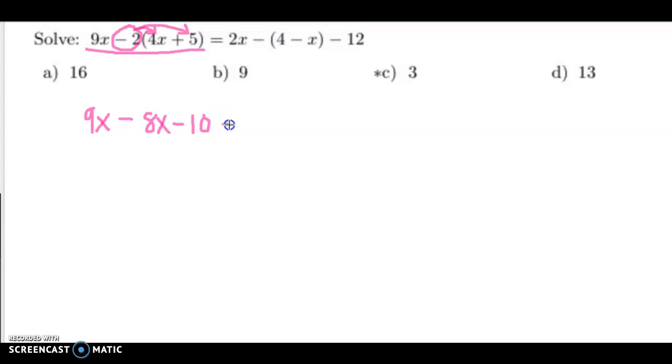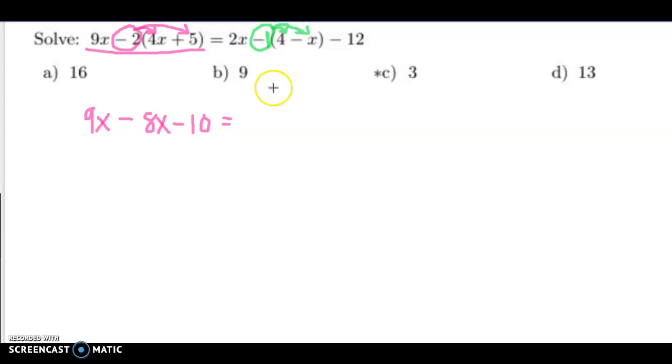But now I'm going to bring down my equal sign because I have to get rid of the parentheses on the right. It's always much easier to put a 1 here in front of the parentheses if there's no number there at all. I'm then going to circle the number that's right in front of the parentheses, which is a negative 1. I'm going to multiply it by each term inside the parentheses.